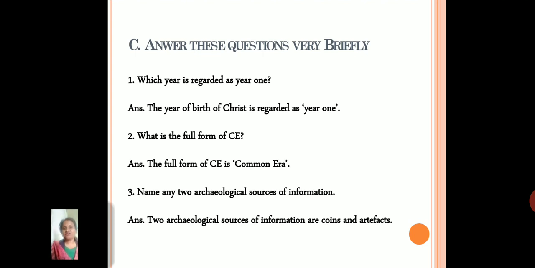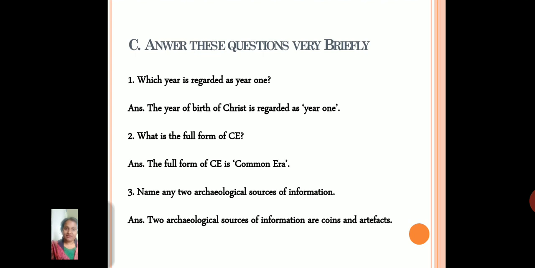The full form of CE, CE in capitals, is Common Era. Common Era is to be written in single inverted commas. Open single inverted comma, Common, C-O-M-M-O-N, here the C has to be in capitals.